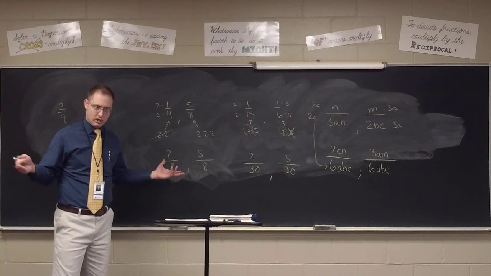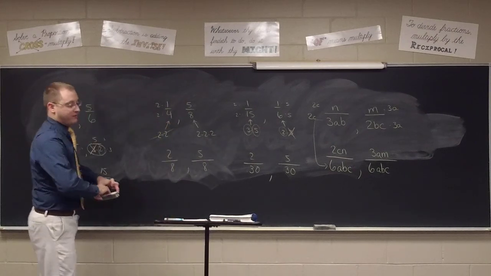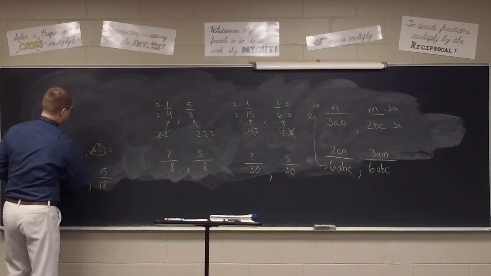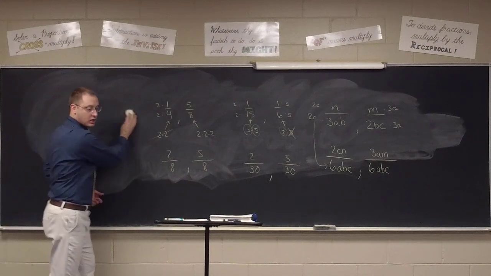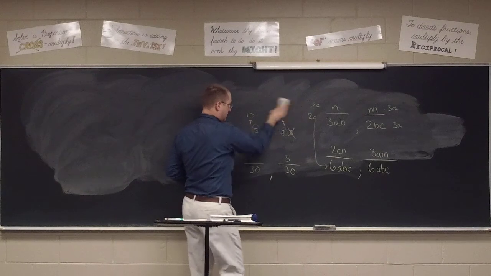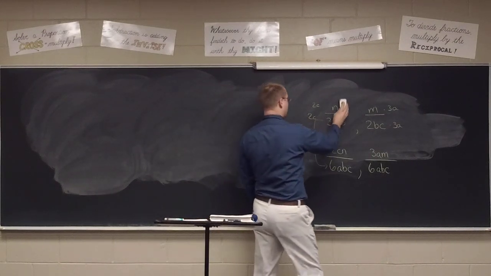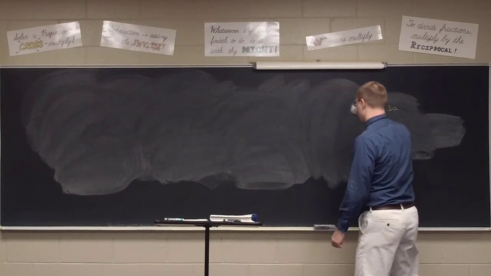Make sense? Representing winners. So, write this down in your notes. For finding the LCD of fractions, number 1, factor the denominators. Number 2, pick all the winners.